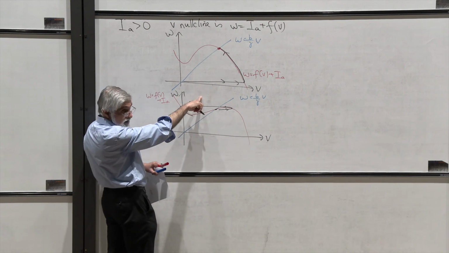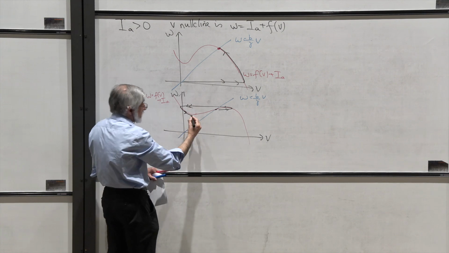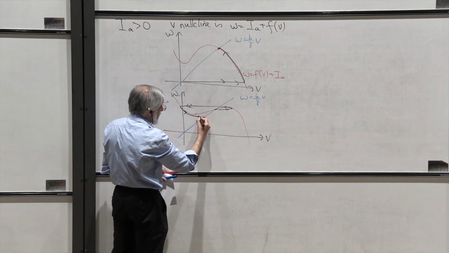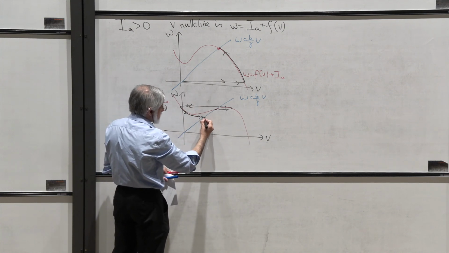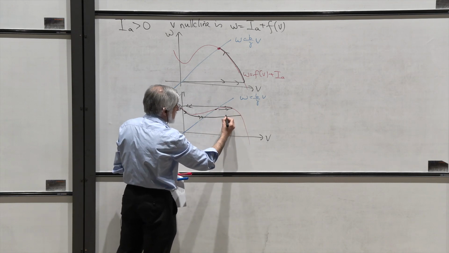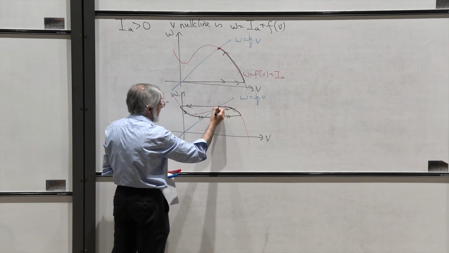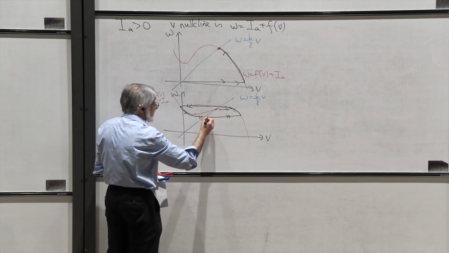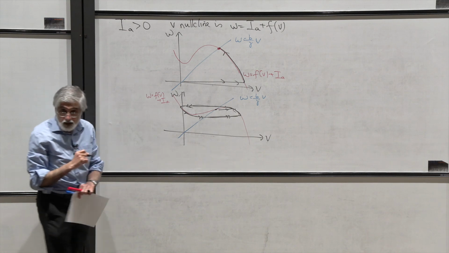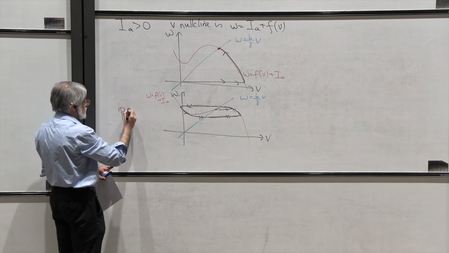But we're above here, so W is still decreasing. So it has to go across like that, goes like that, up like that, and then on like that. So what you get is a periodic solution.